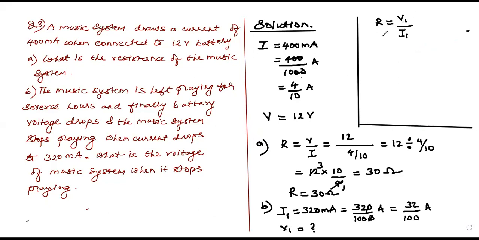You want V1, so V1 equals I1 into R. Are you getting me, cross multiply, children? V1 equals I1 into R. What is I1? I1 is 32 upon 100. And what is the resistance given? It is 30. So what happens? 0 cut. 96 upon 10 is 9.6 volt.